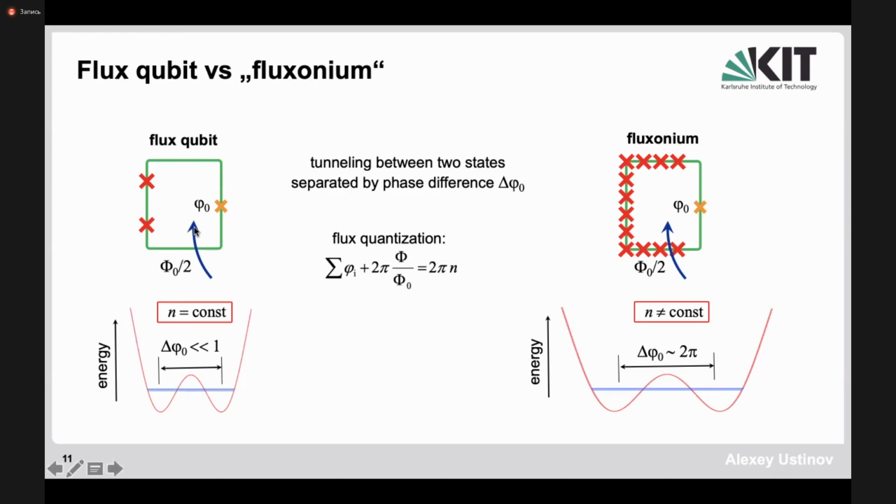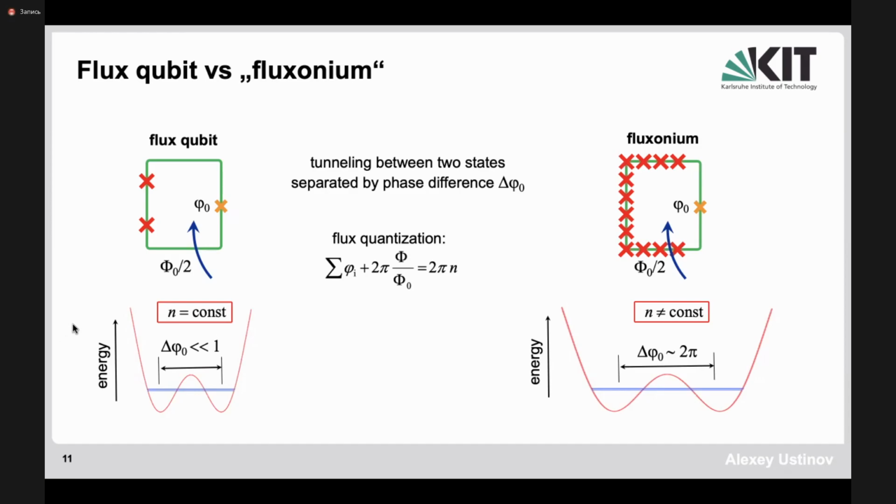Now, in the case of the flux qubit, you have the 2 energy minima, which correspond to a small change of the phase. Remember this 2-dimensional profile, 2 phases, phi1 and phi2, and then you have maxima and minima. I told you that if you go along the diagonal, there is a very shallow minimum, actually two minima with a little barrier between them.